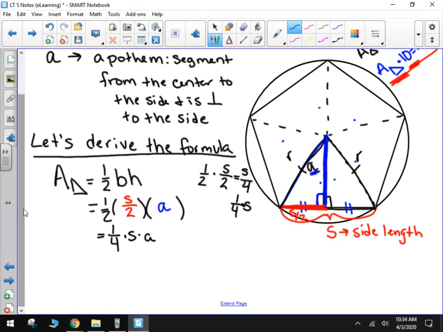Now, that is the area of my right triangle. I need to find the area of my regular polygon. Okay, so RP is for regular polygon. I want to write that off to the side. Okay, so this is where I'm going to pause. We did come up with a game plan, but this is very specific to just pentagons.